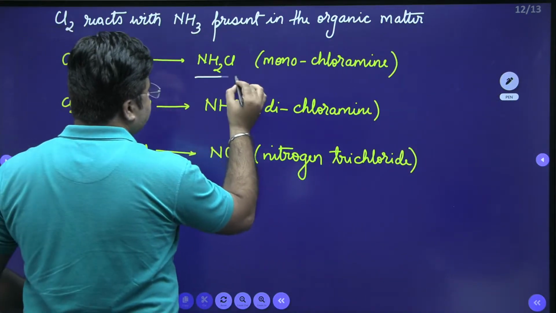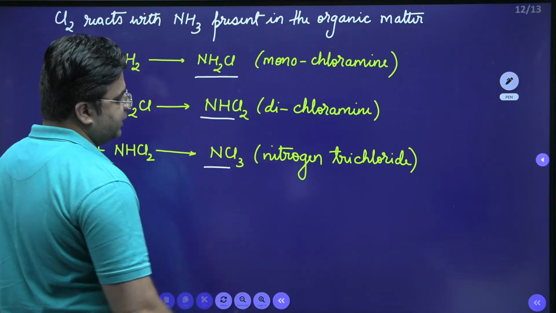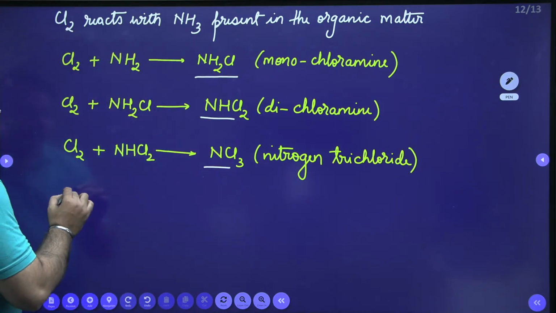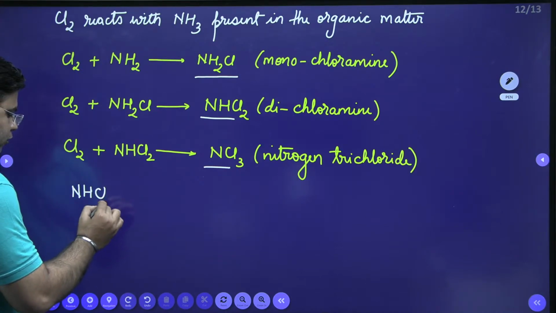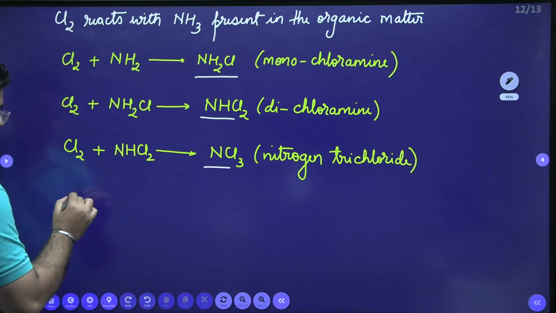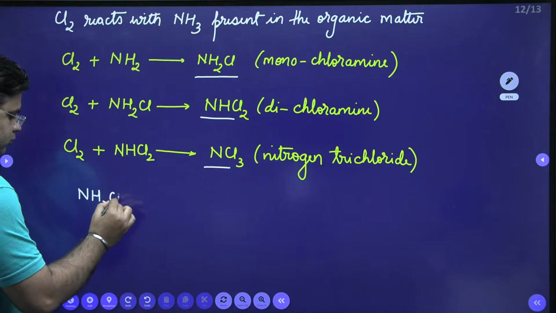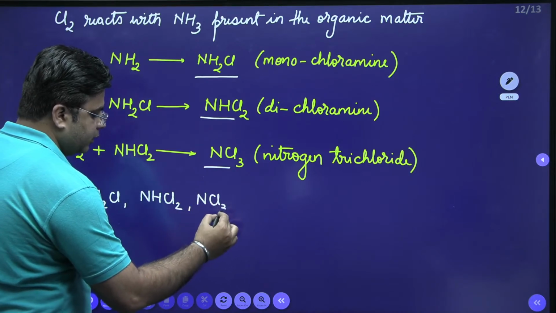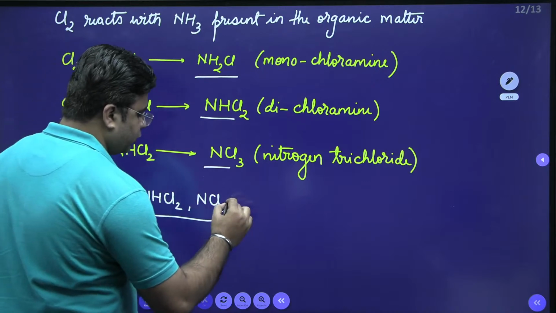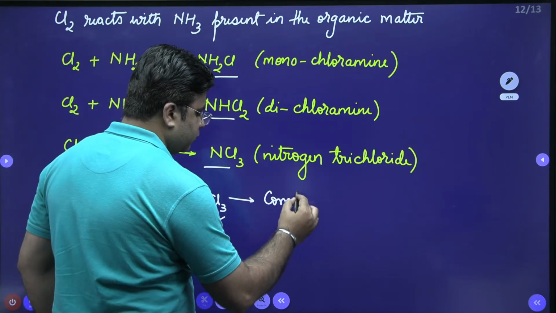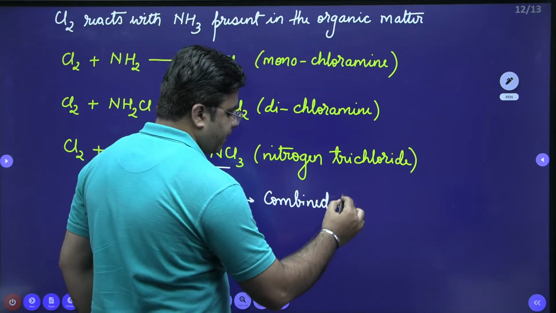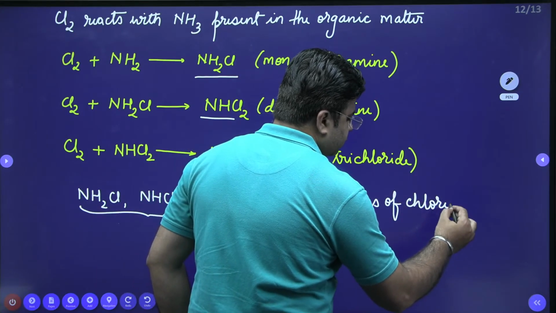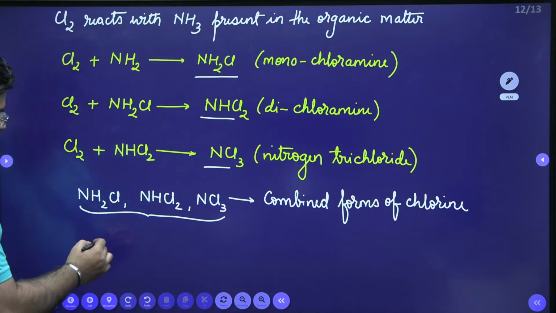These chloramines, NH2Cl, NHCl2 and NCl3, are known as combined forms of chlorine. And they are combinedly known as chloramines.